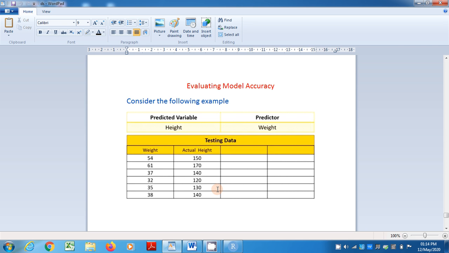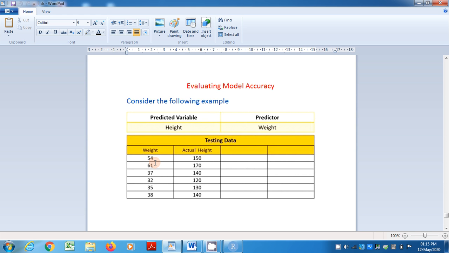So if this is the weight and this is the height in a training data set, these are the values of weight and these are the actual values of height. Here, weight is the x variable, that means the independent variable, and height is the y variable, the dependent variable. In order to find the height, we need weight as an input.